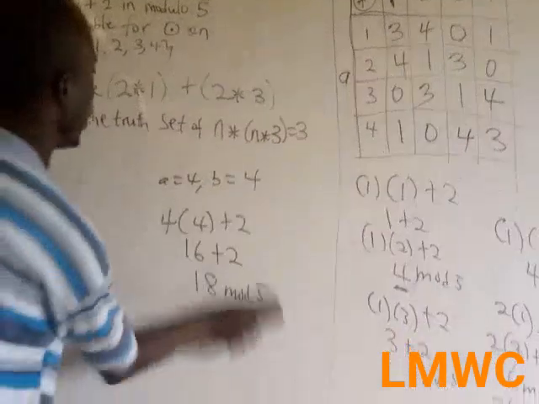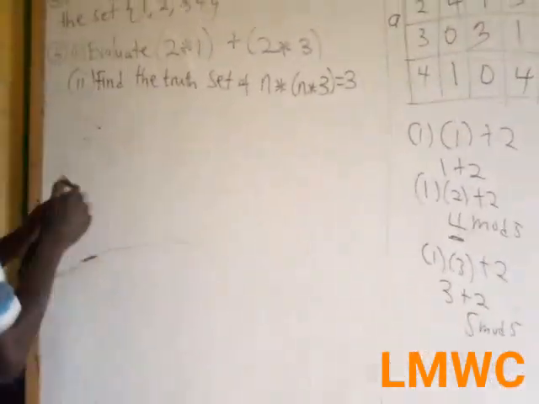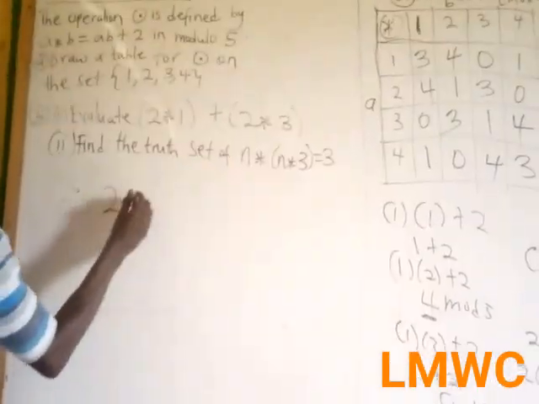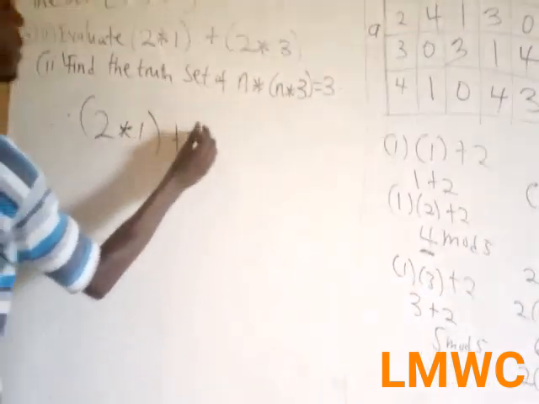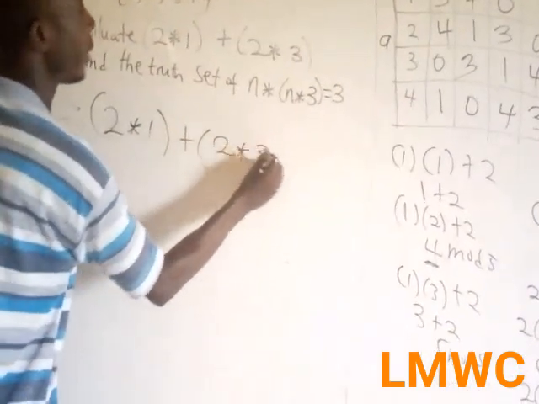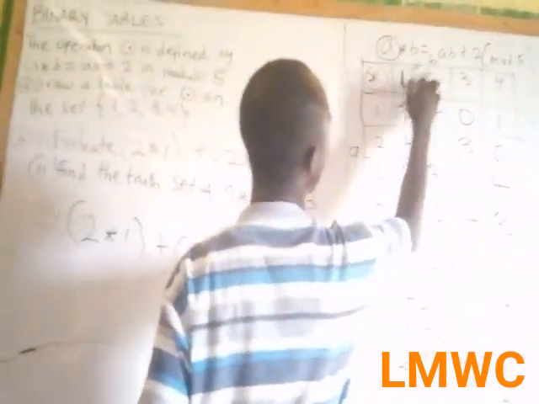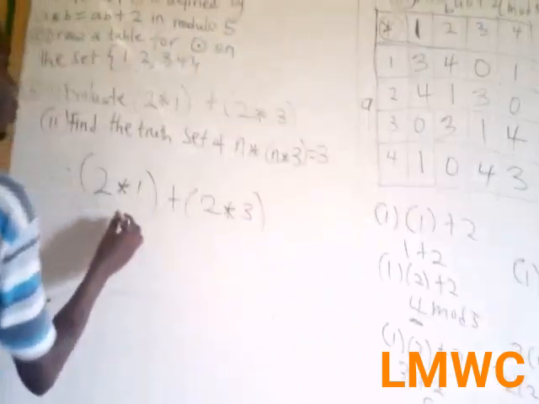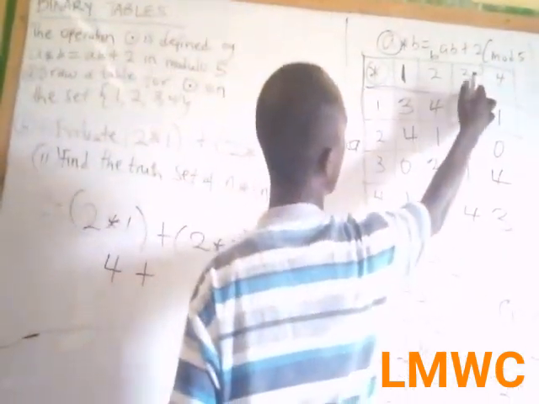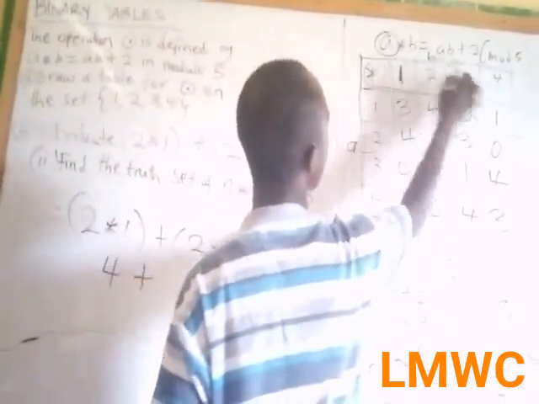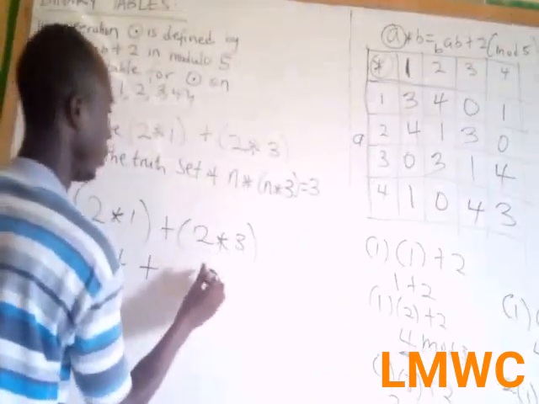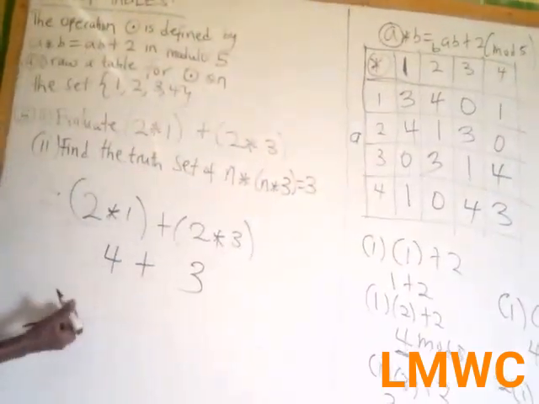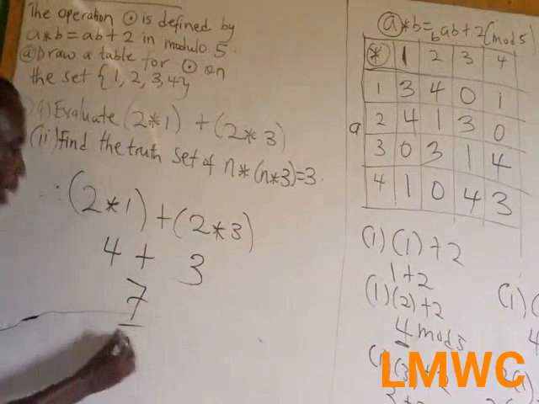What is 2 star 1? Now, 2 star 1 plus 2 star 3. 2 star 1, we have what? 4, plus 2 star 3. 2 star 3 is what? 3. So 4 plus 3 we have what? 7.